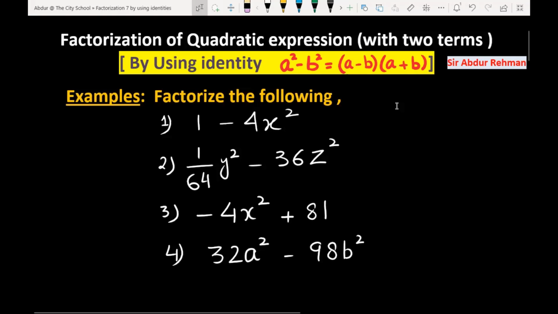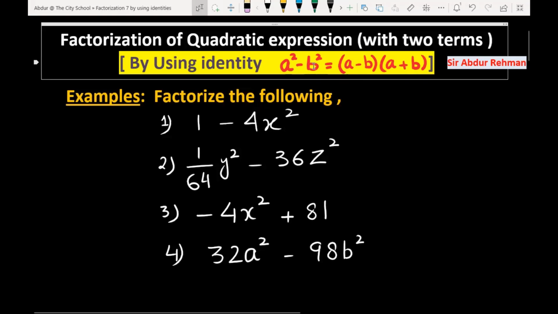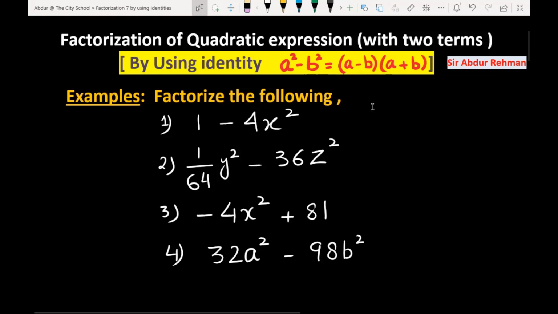You have to memorize the identity a square minus b square equals a minus b times a plus b to factorize these types of algebraic expression. To factorize these types of expression, there are 2 conditions.